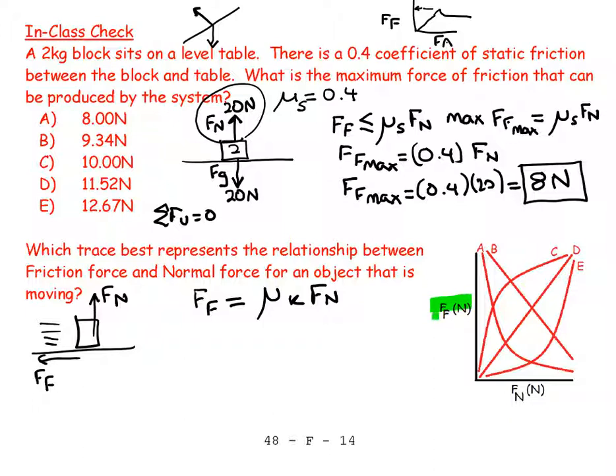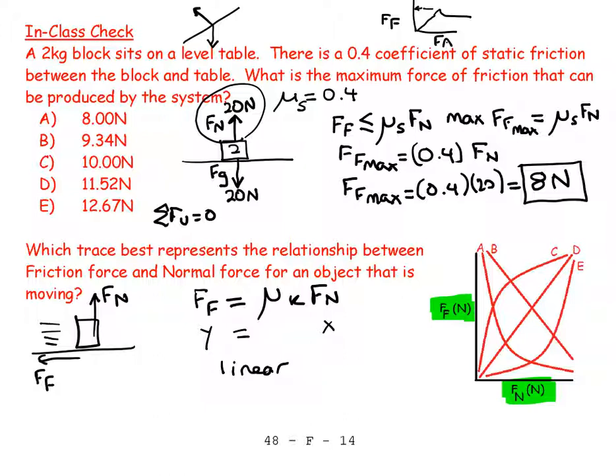So this is FF, which is on the y-axis, and Fn, which is on the x-axis. So if I come back to my writing over here, this is the y-axis, and this is my x-axis, and yeah, this is a linear equation, isn't it? If you like, I can make x equal 0 and y equals 0.